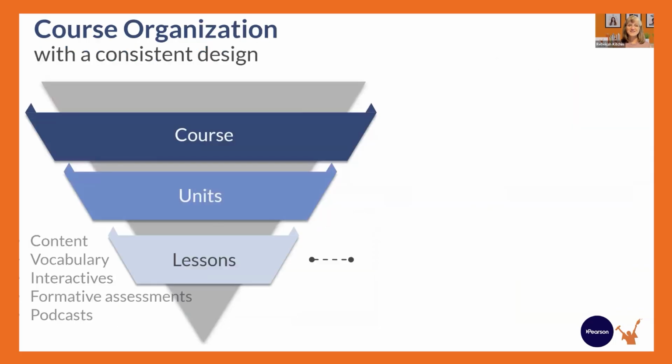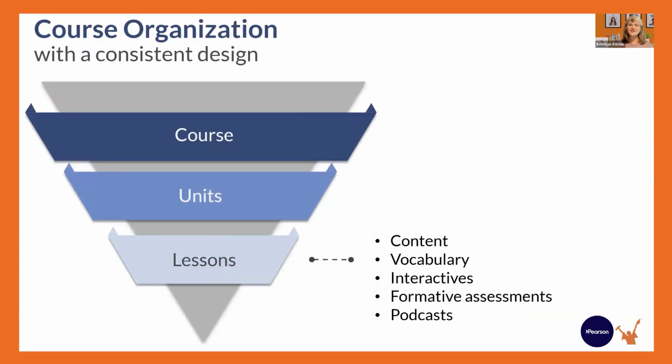The last section of my inverted triangle here discusses the content of our lessons. So within each lesson, you're going to see the vocabulary that is bolded within the content. If students hover over that vocabulary, it will show the definition of the words. There are many interactives that are within the course.